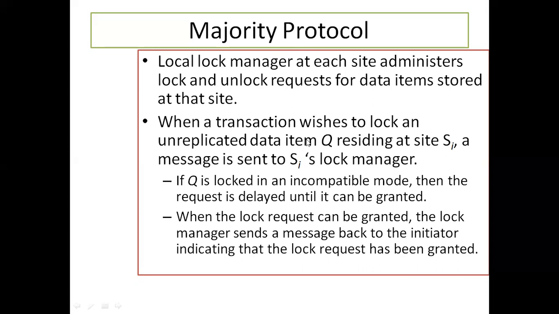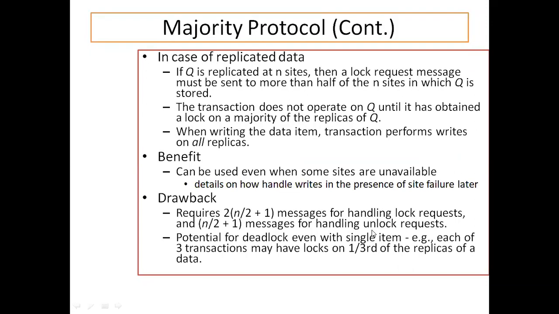What happens when a transaction wishes to log an unreplicated data item Q residing at site SI, and a message is sent to SI's log manager? If Q is logged in an incompatible mode, then the request is delayed until it can be granted. When the log request can be granted, the log manager sends a message back to the initiator indicating that the log request has been granted.